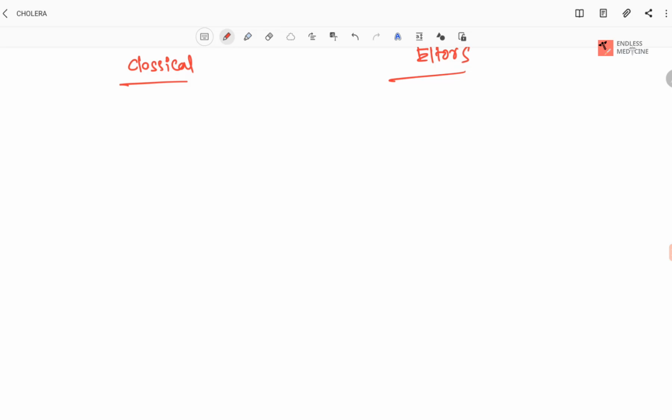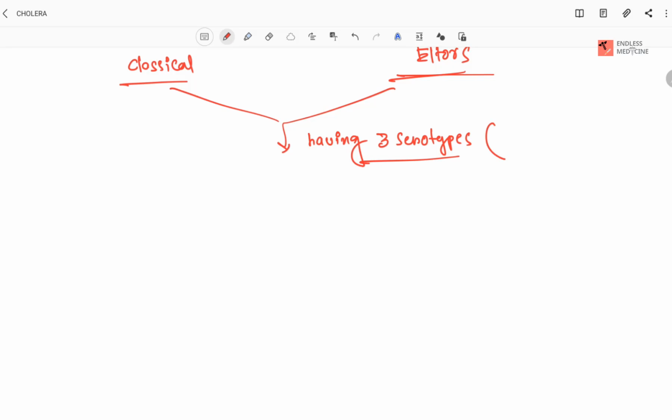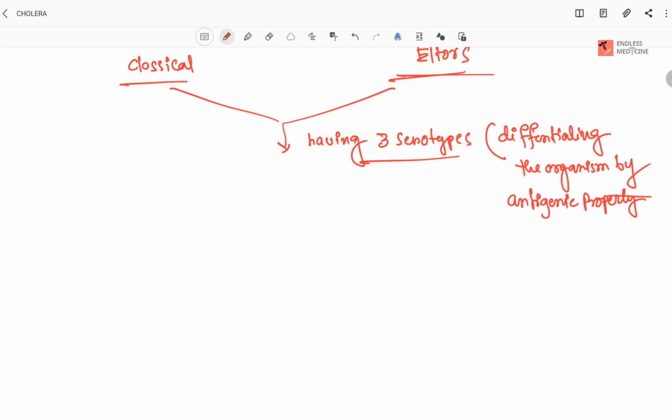Each classical and each El Tor has three serotypes. Serotypes mean differentiating the organism by antigenic property. And what are the serotypes?